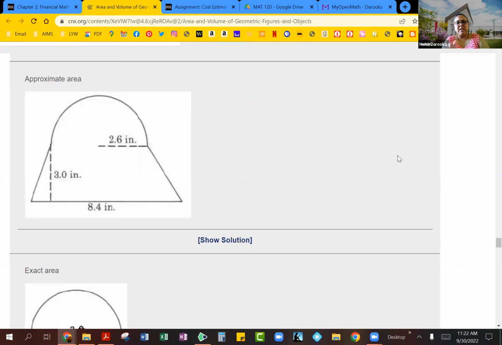So can you tell me what combination of shapes do you see in this figure over here? So, we've talked about squares, rectangles, parallelograms, trapezoids, of course, circles. So what shapes are you seeing in here?